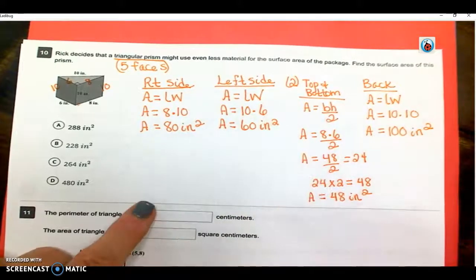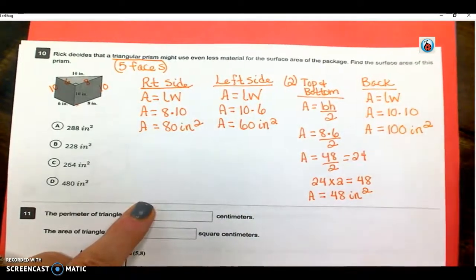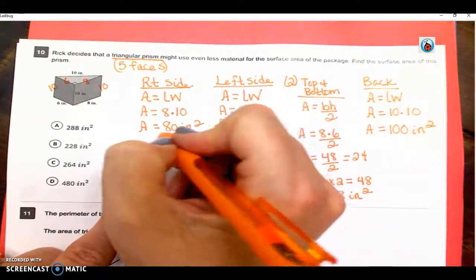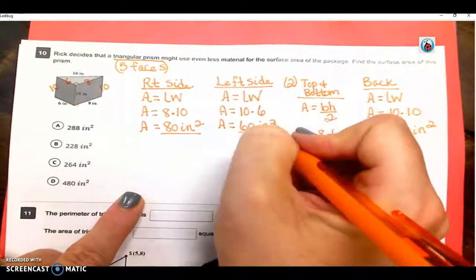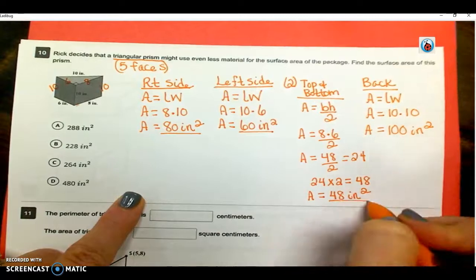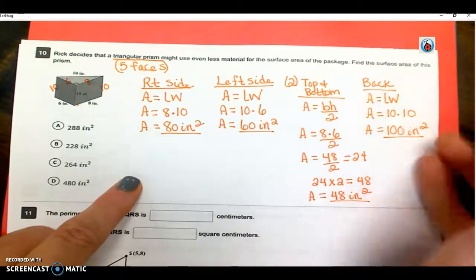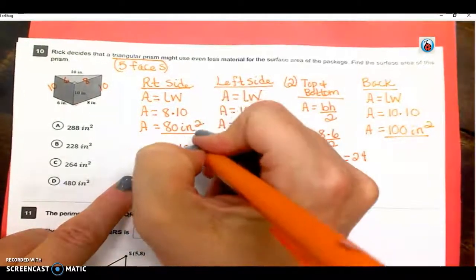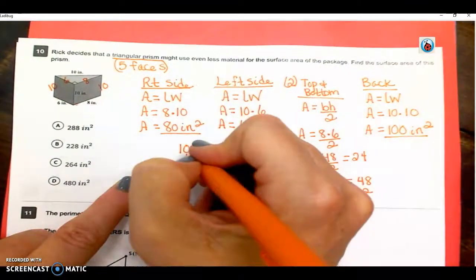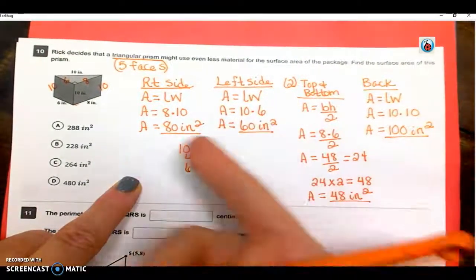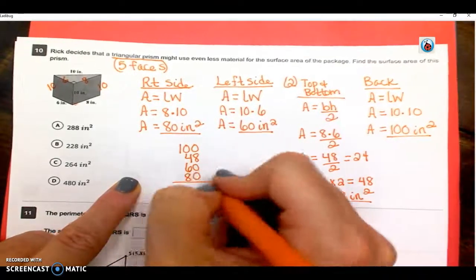We want surface area, so we want to add them all up to get the entire thing. So that means we want 80 inches squared, 60 inches squared, 48 inches squared, and 100 inches squared. Okay, so we've got our 100, our 48, our 60, and our 80.